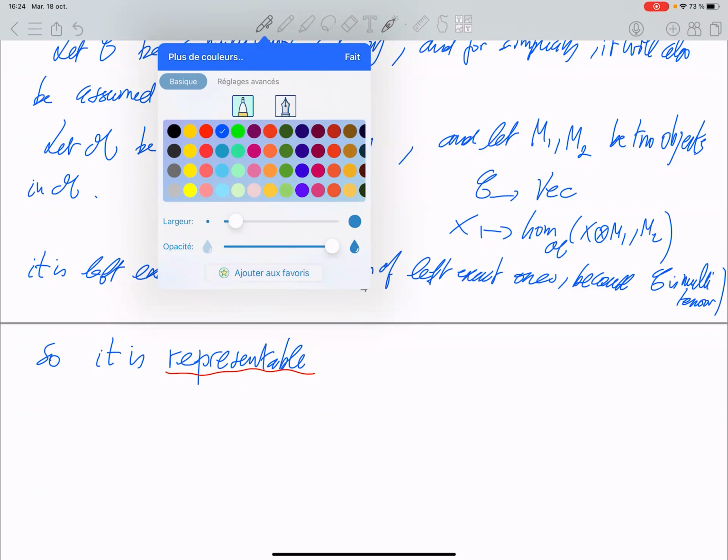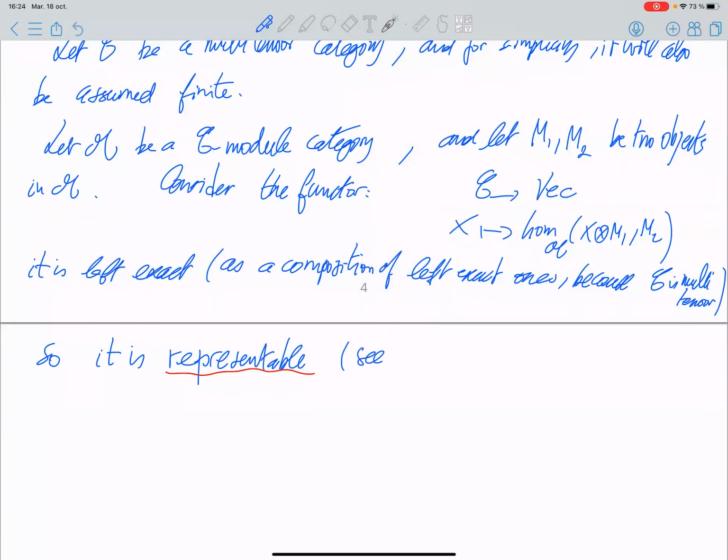If you want to know, the reference is by H.B. Stauffer in 71, who proved that left exact implies representable.